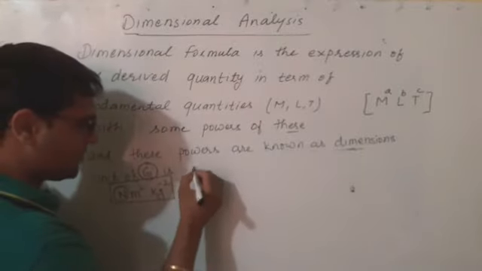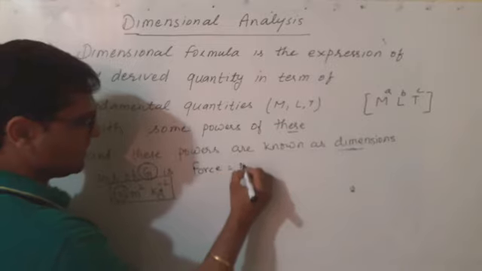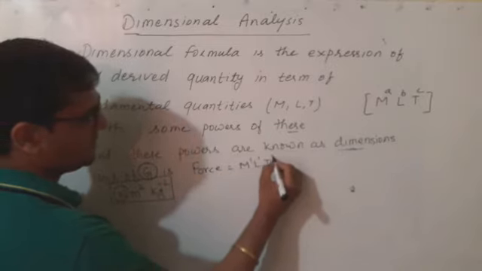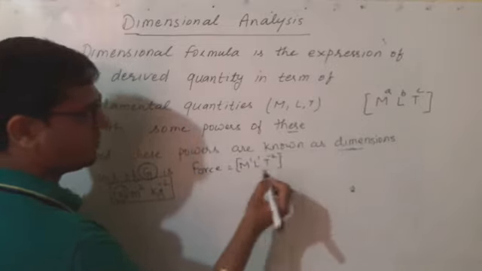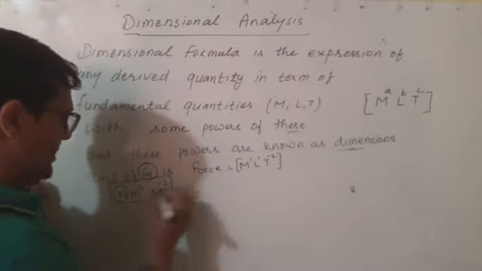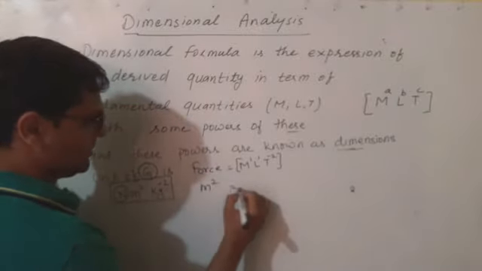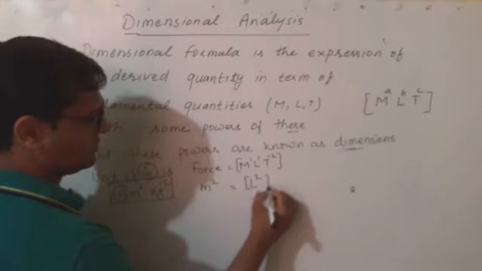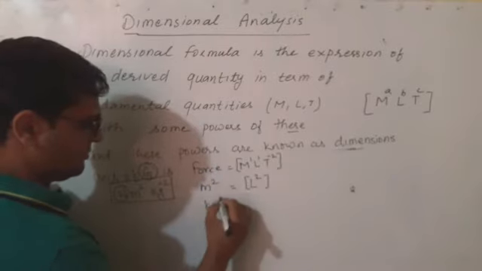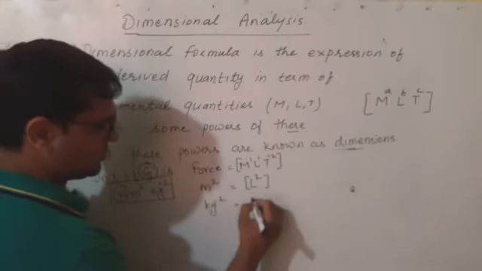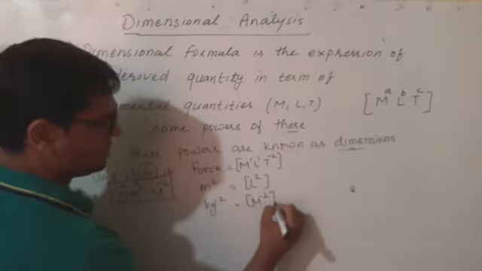So the dimension formula for force is M1 L1 T minus 2, or you can derive it on your own. Meter square, that is L2. Kilogram power minus 2, so M power minus 2.